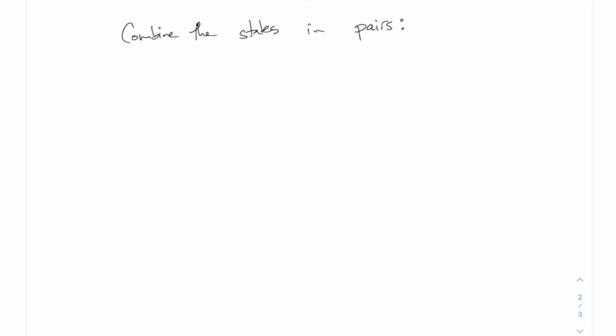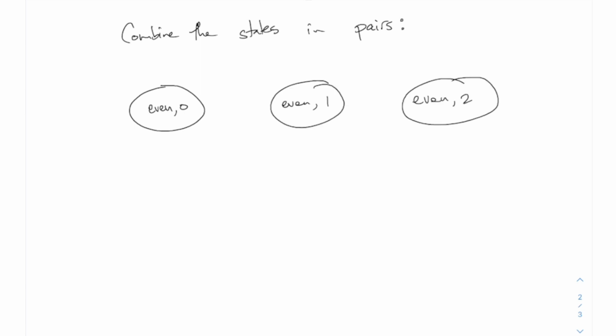So the new states are going to be even paired with 0. That's a state. Even paired with 1. That's a state. Even paired with 2. That's a state. All right? And then similarly for odd. So I have a total of 6 states in this machine. Odd and 0 mod 3. Odd and 1 mod 3. Odd and 2 mod 3. All right? 6 states.